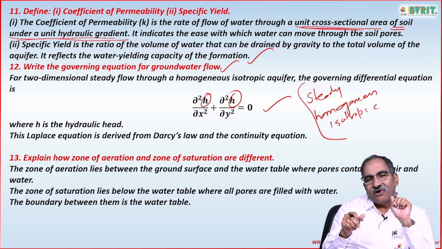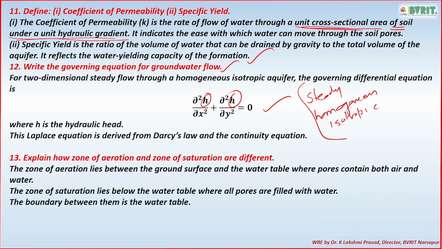This is more important. The zone of aeration lies between the ground surface and the water table, where pores contain both air and water. The zone of saturation lies below the water table, where all pores are filled with water. In the zone of saturation, there is no question of air at all. All the voids, all the pores of soil are completely filled with water.